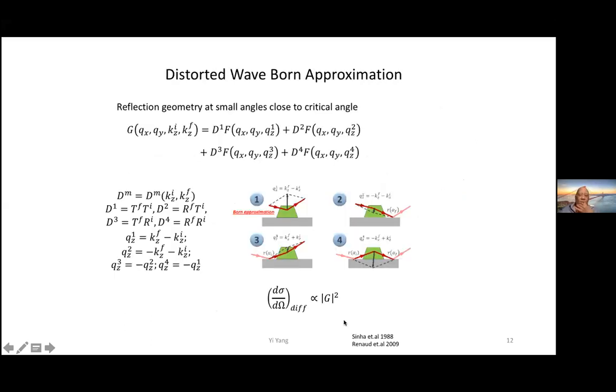Now, as we've seen before in Professor Buchbaum's talk, the scattering amplitude in the DWBA is made up of 4 terms. And they correspond to these processes that have already been discussed.